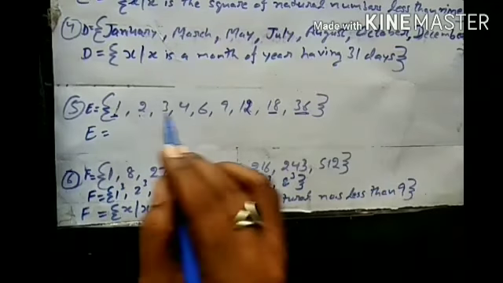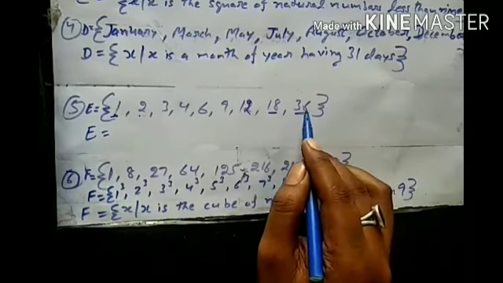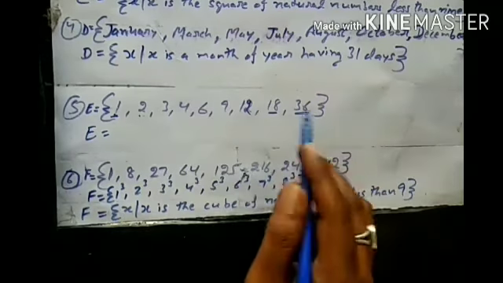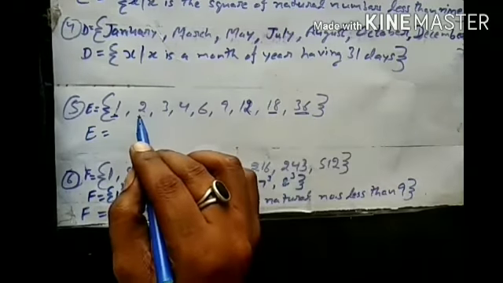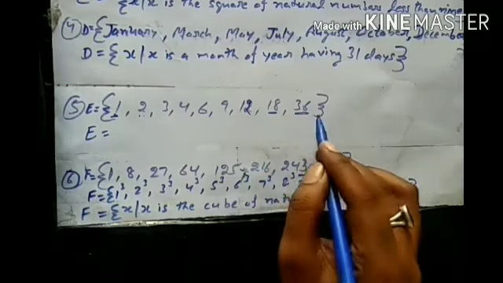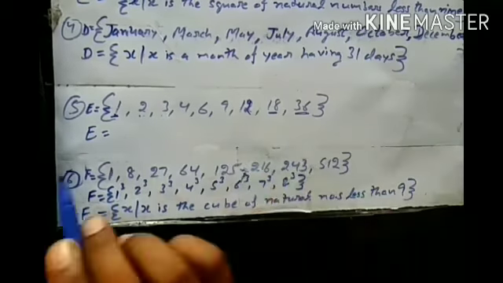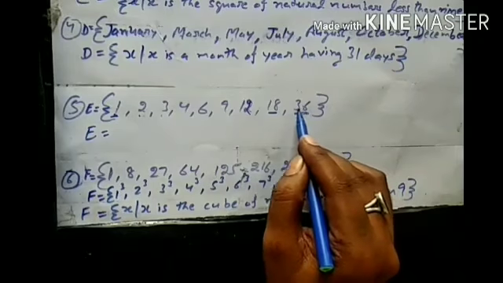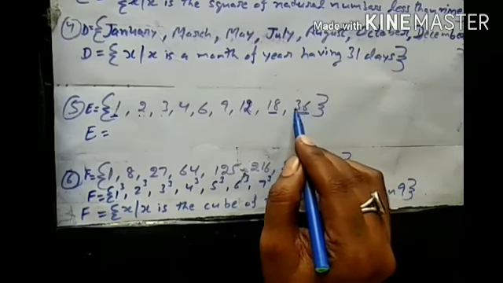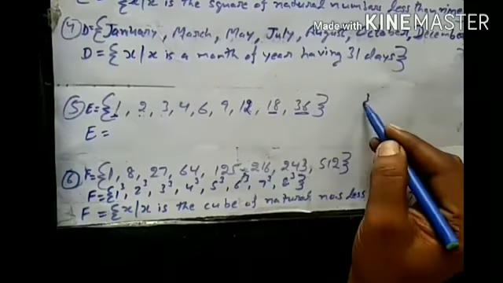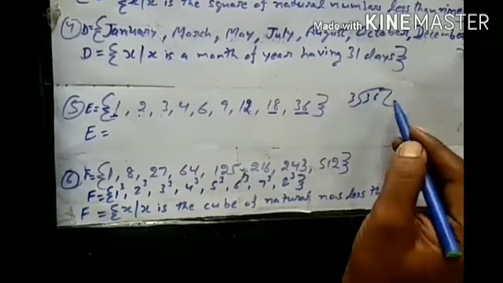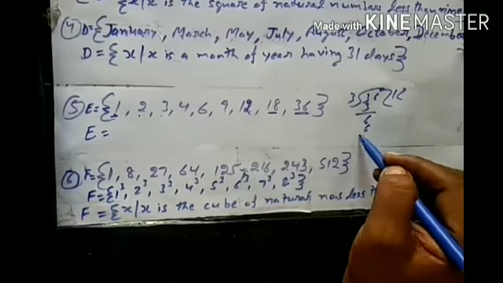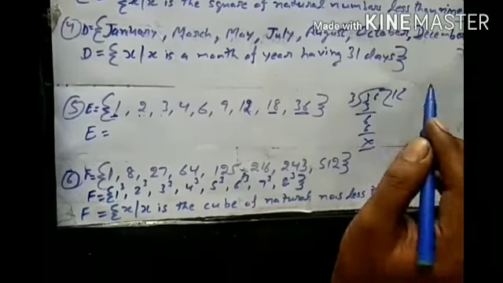Now does 2 divide 36 or not? Yes, because 36 is ending with 6, therefore it is divisible by 2. So I can say that 2 can divide 36. After that, can 3 divide 36? Yes, because the sum of the digits of 36 is 3 plus 6, 9. If you divide 36 by 3, you get 12.